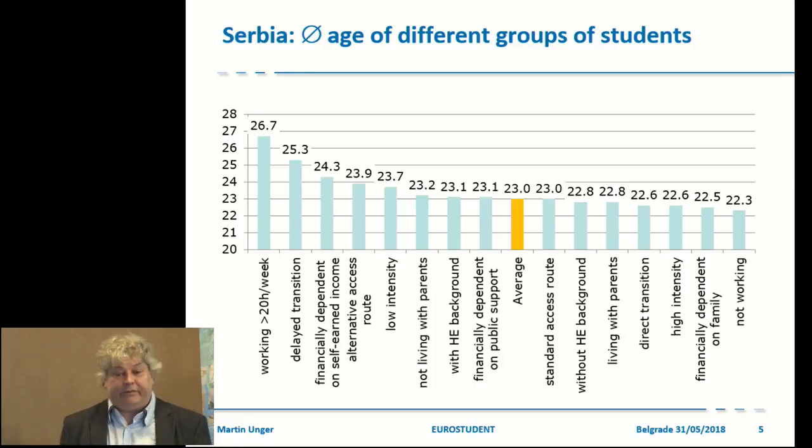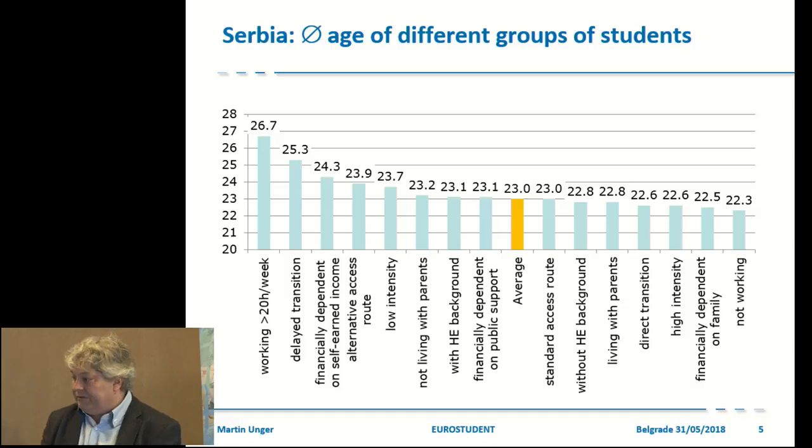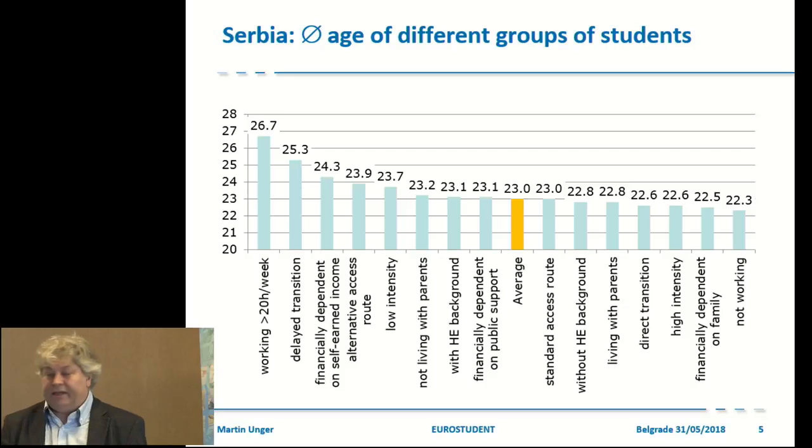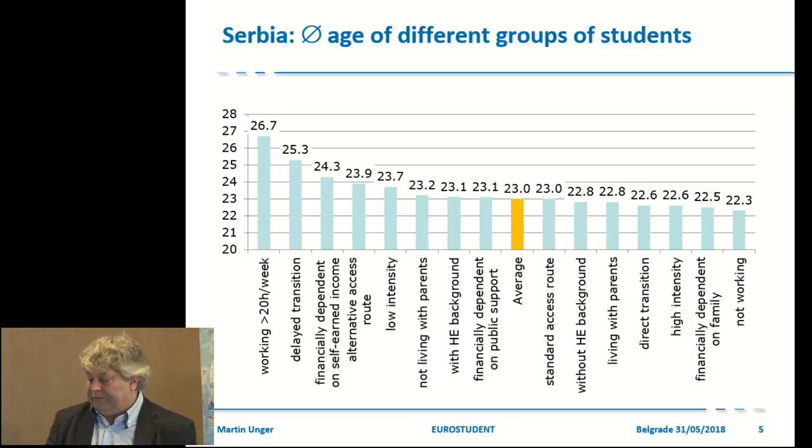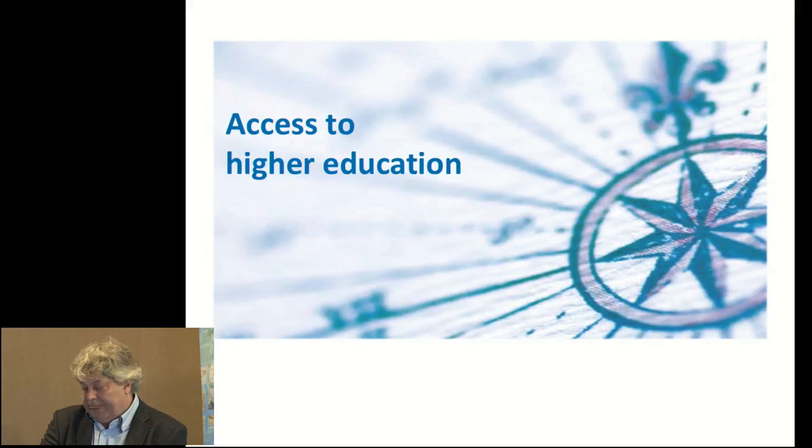Those with a delayed transition, who started studying later in life, are on average 25 years. And on the right side, those not working are 22. Those financially dependent on the family are 22 and a half. So within the Serbian system there are at least 4 or 5 years of difference between groups, and if you try to target them, you should probably be aware of this.